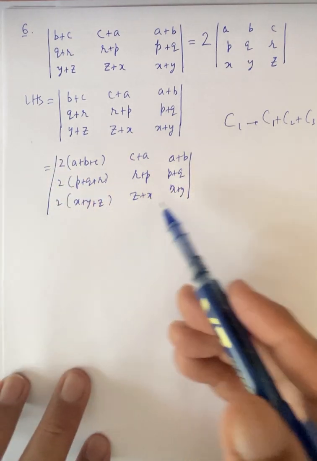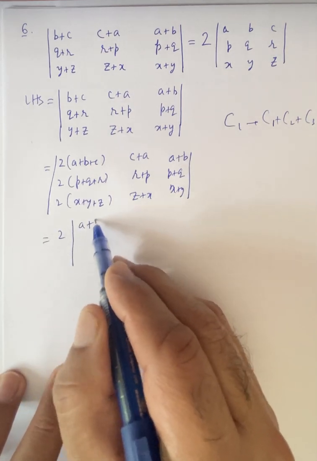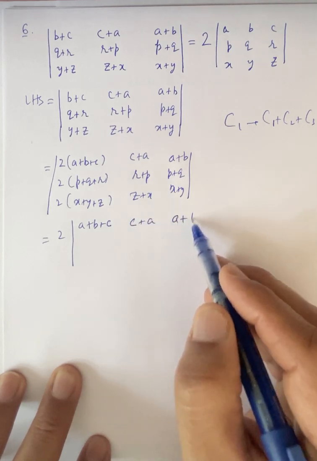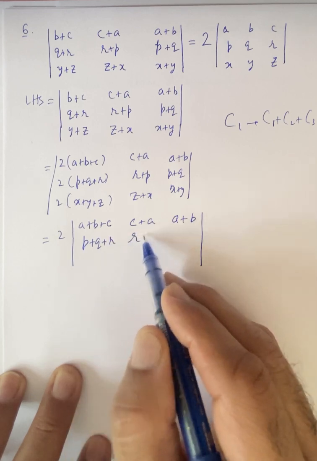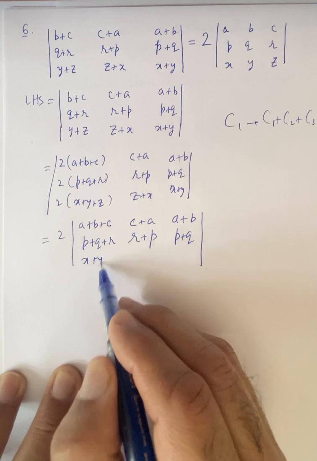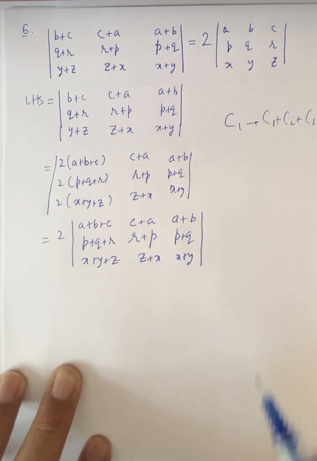Now take 2 common. We have a plus b plus c, c plus a, this is a plus b, p plus q plus r, this is r plus p, and p plus q, then x plus y plus z, z plus x, this is x plus y.